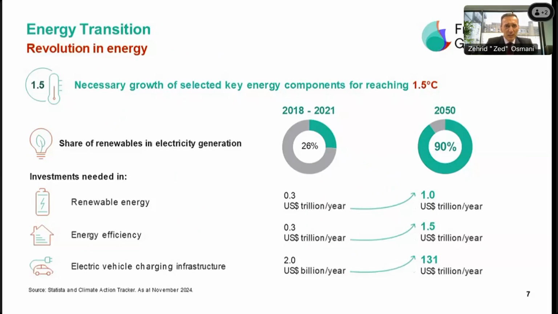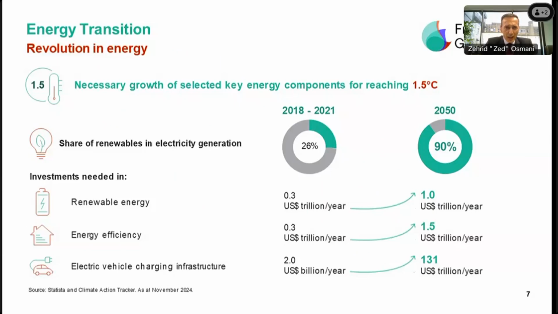And if you look on this slide, the necessary growth of various fields within energy transition to reach that 1.5-degree target. Firstly, that pie chart shows you that the share of renewable energy has to go from 1/4 at the moment to 90% by 2050.